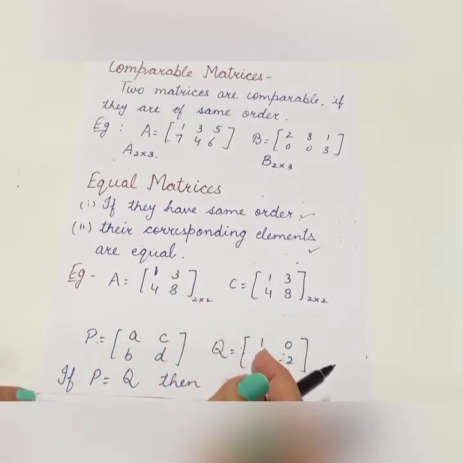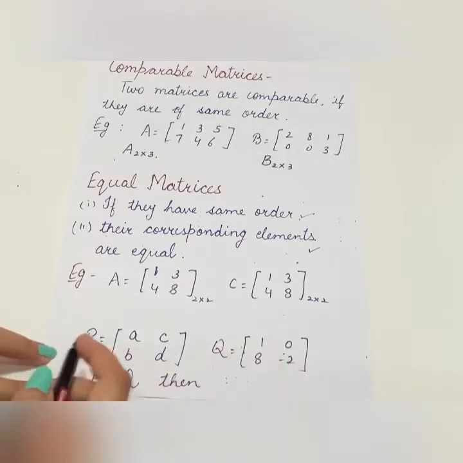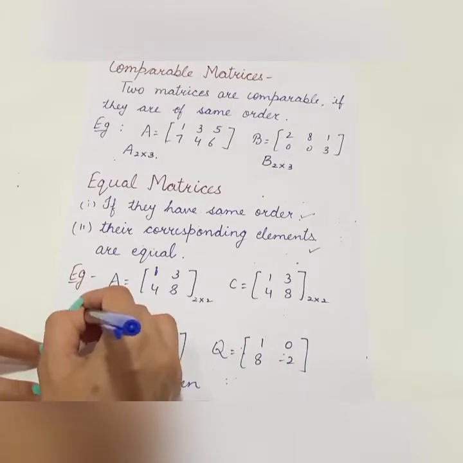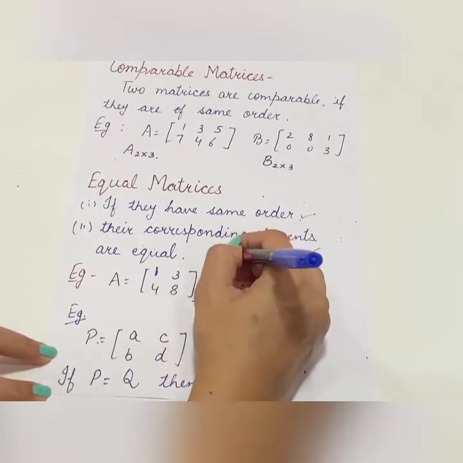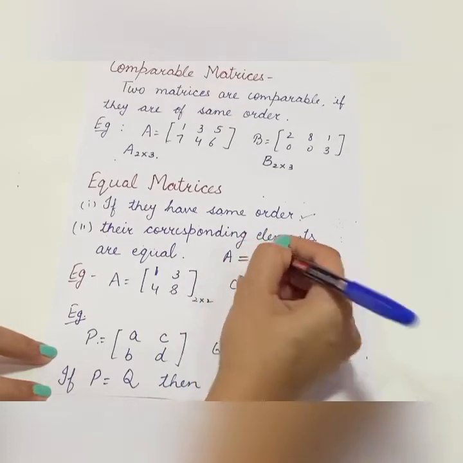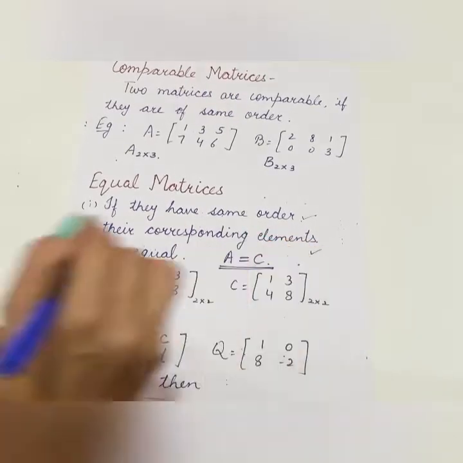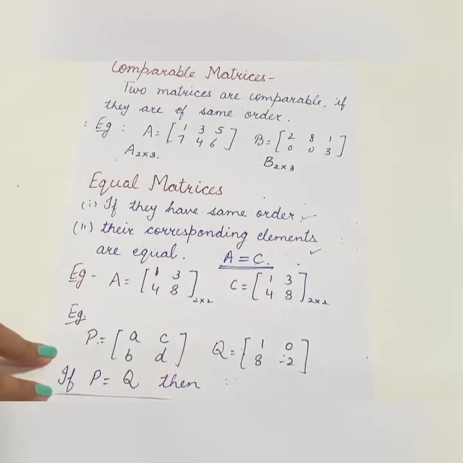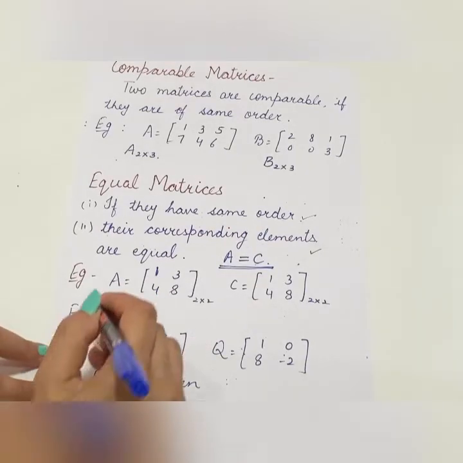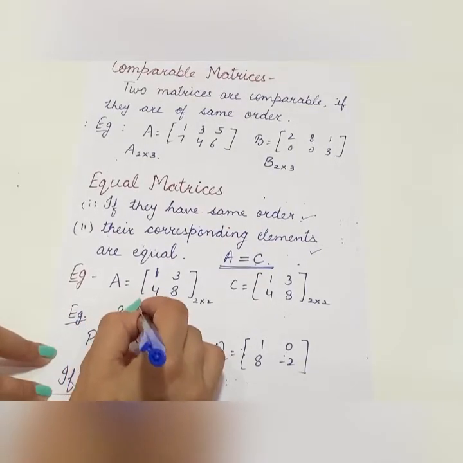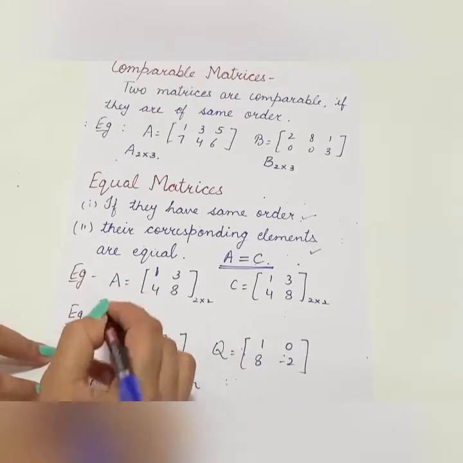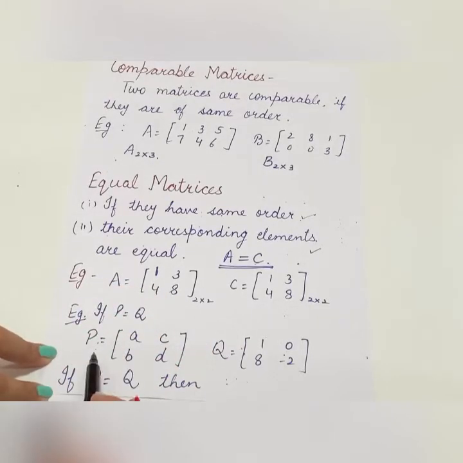And how it is going to be used in the question is that it will be given, like I have taken this example. In this case, you will write matrix A is equal to C. The simple equal to sign will be put here. Suppose in the question it is given that matrix P is equal to Q, where P is given by a, b, c, d and Q is 1, 8, 0 and minus 2.